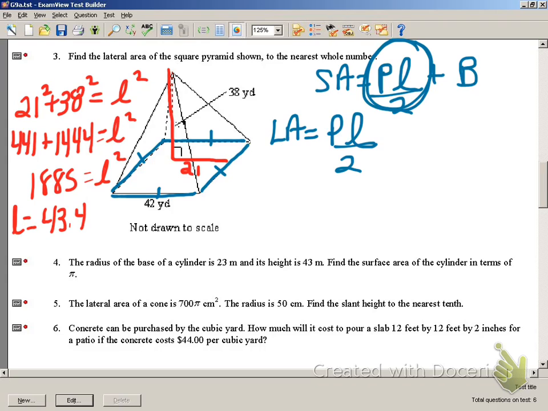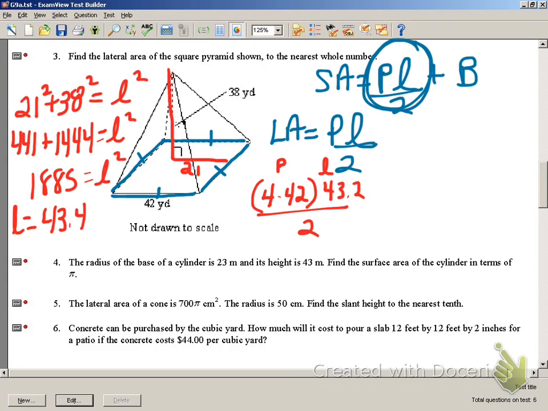So now I will use that as my slant height. So perimeter, now we've already said that all 4 of these sides are the same, so my perimeter is going to be 4 times 42. That's perimeter. My slant height is 43.2, and I have to divide that by 2.